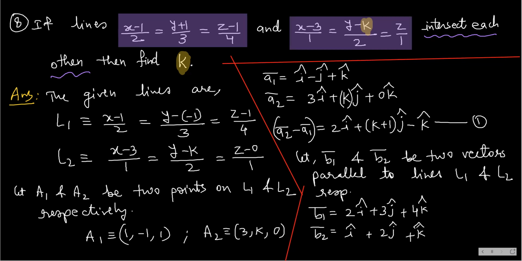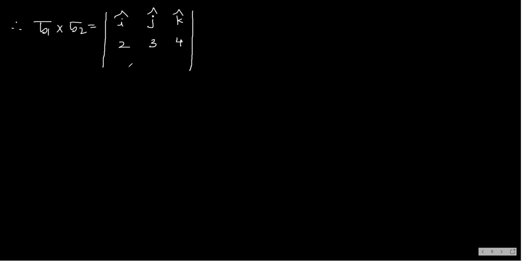What I'm going to find out is B1 bar cross B2 bar, right? Therefore, B1 bar cross B2 bar is, you will have i cap, j cap, k cap, and here 2, 3, 4, the coefficients of i cap, j cap, k cap in B1 bar, and 1, 2, 1.